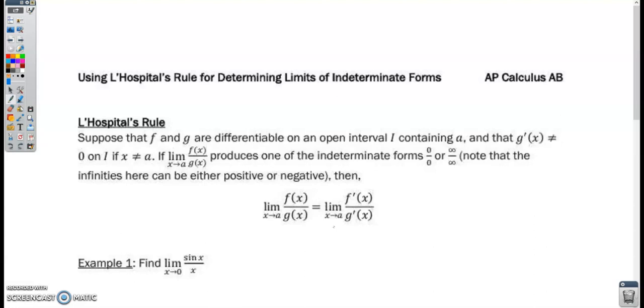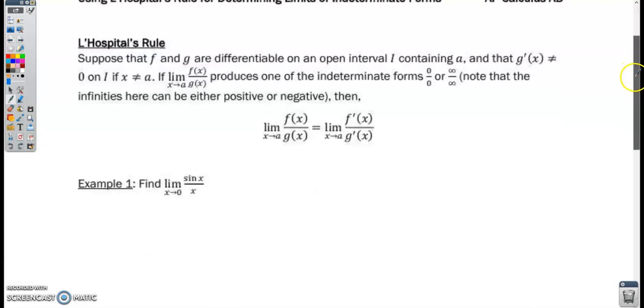They both have to approach 0 or they both have to approach an infinite value. Then I can find the limit by taking the derivative of the numerator and the derivative of the denominator. And guess what? If they end up as 0 over 0 or an infinite value over an infinite value again, I can apply L'Hospital's Rule again. And I can continue doing that until I get something that is not of that form.